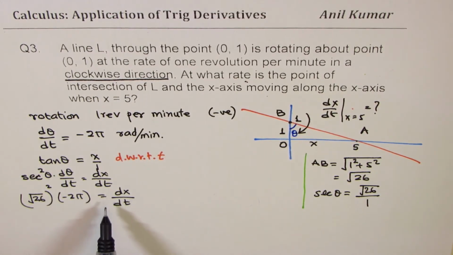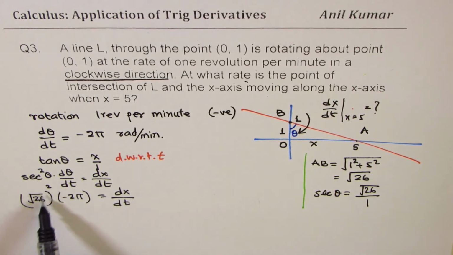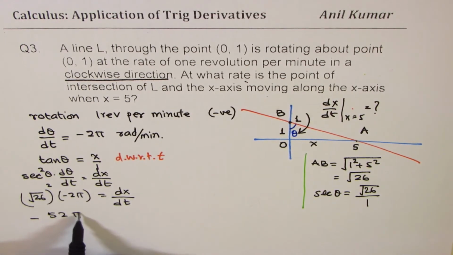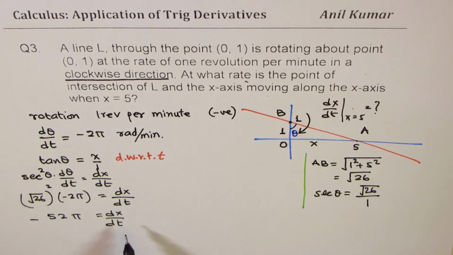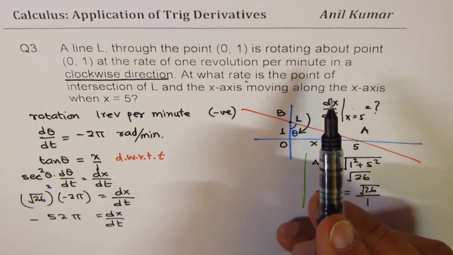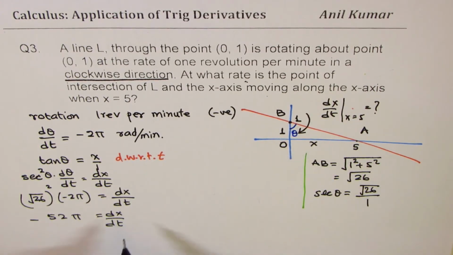Now we can just multiply this, and that is 26. So we get minus 52 pi equals dx dt. Does that make sense? The units, well, we are not given any units, so whatever units per minute.